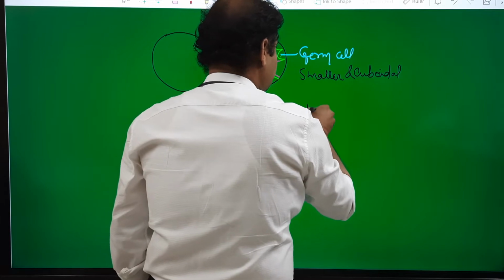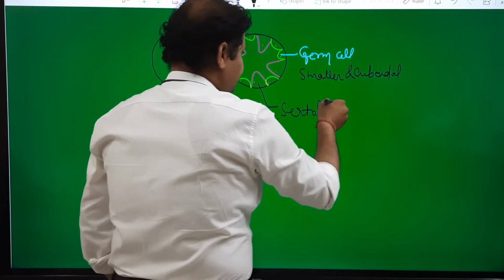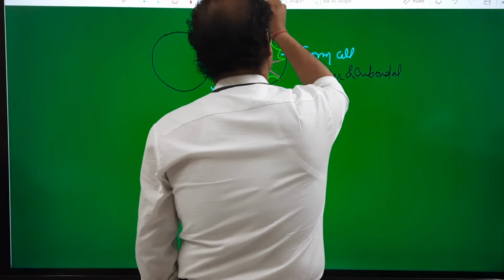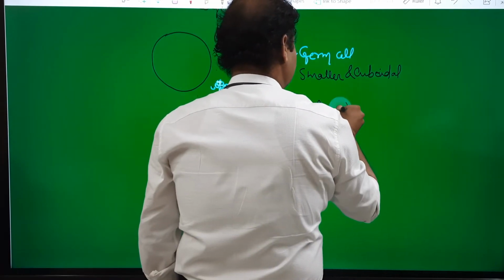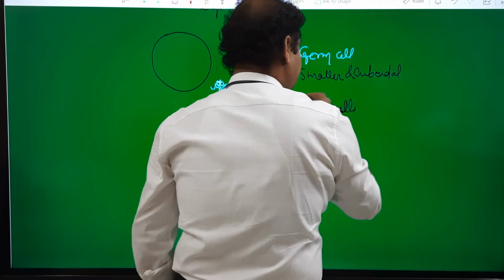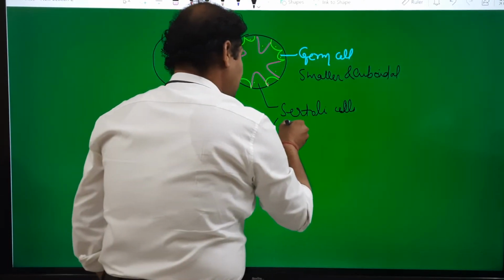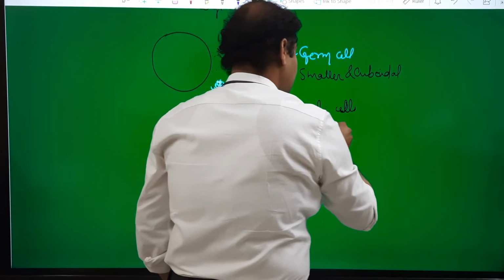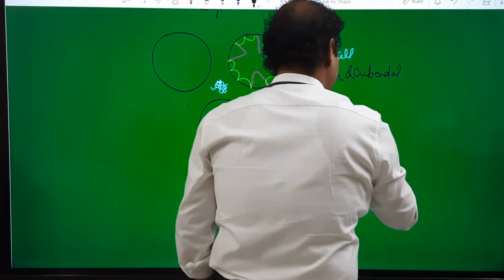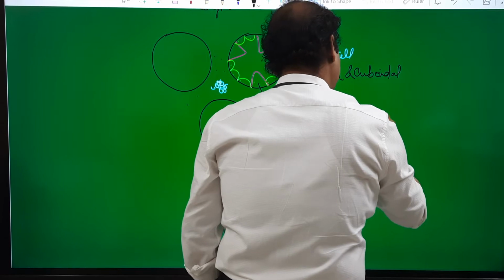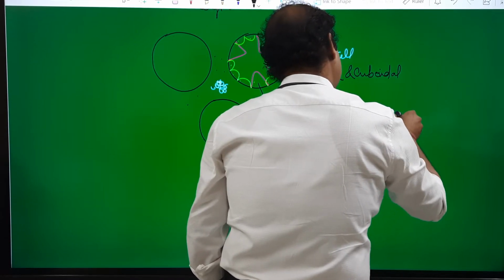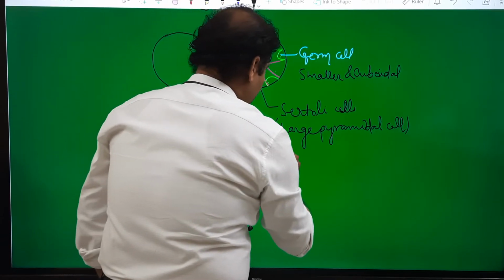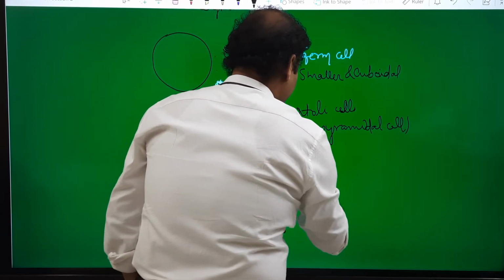It appears large and pyramidal, a large pyramidal or irregular columnar cell.